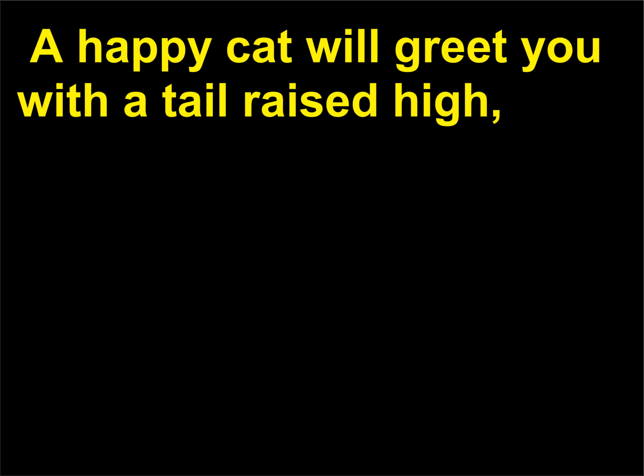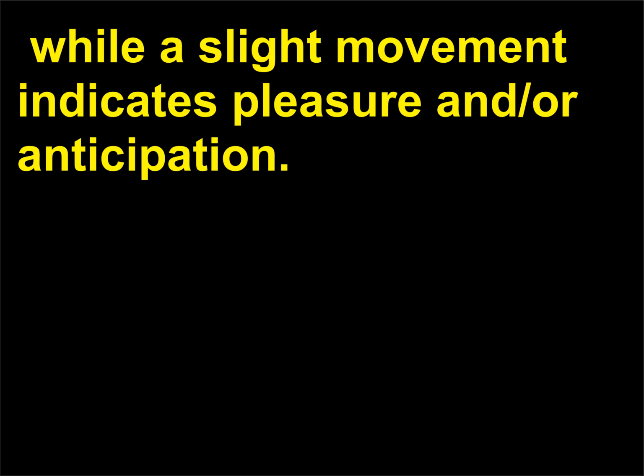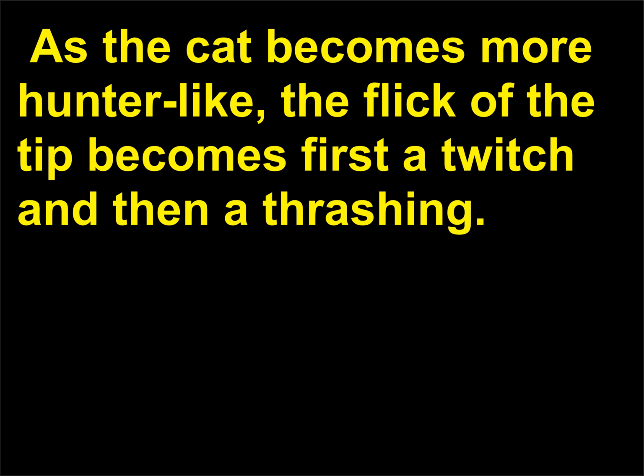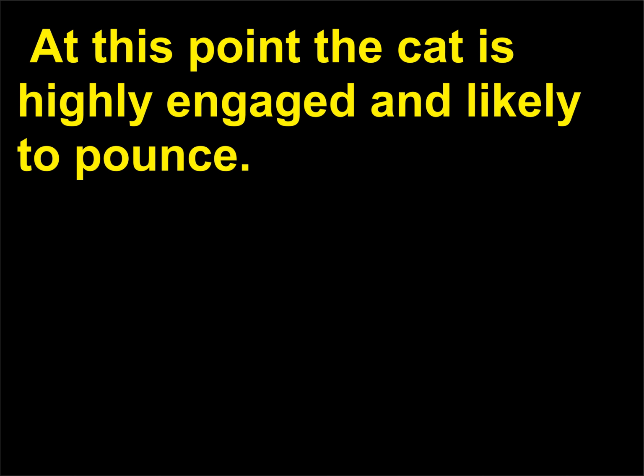A happy cat will greet you with a tail raised high, while a slight movement indicates pleasure and or anticipation. As the cat becomes more hunter-like, the flick of the tip becomes first a twitch and then a thrashing. At this point the cat is highly engaged and likely to pounce.